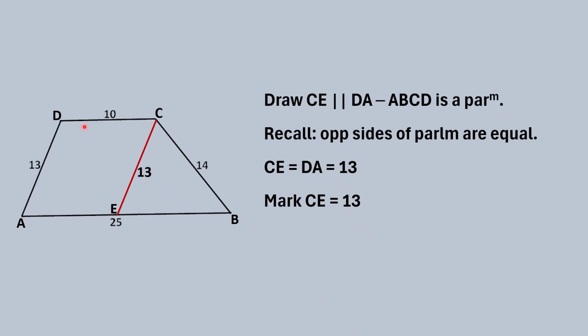CE we have drawn parallel to DA, and DC and AE are already parallel because it's a trapezium. In a trapezium, the top and bottom are parallel, and the sides DA and CE are parallel because we have drawn CE parallel.